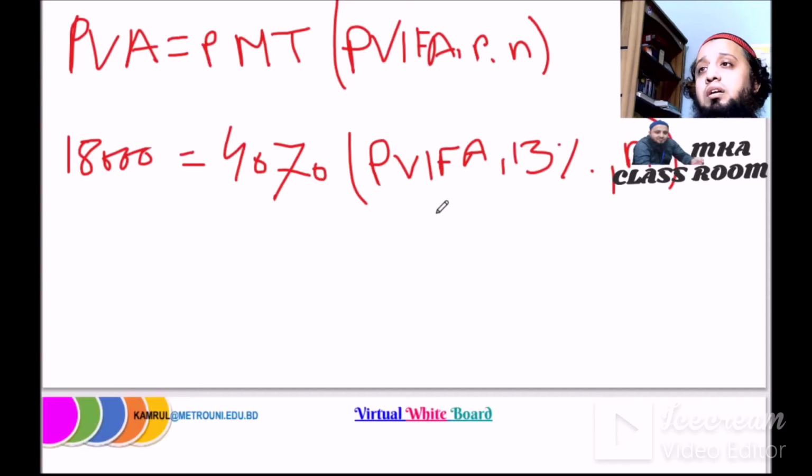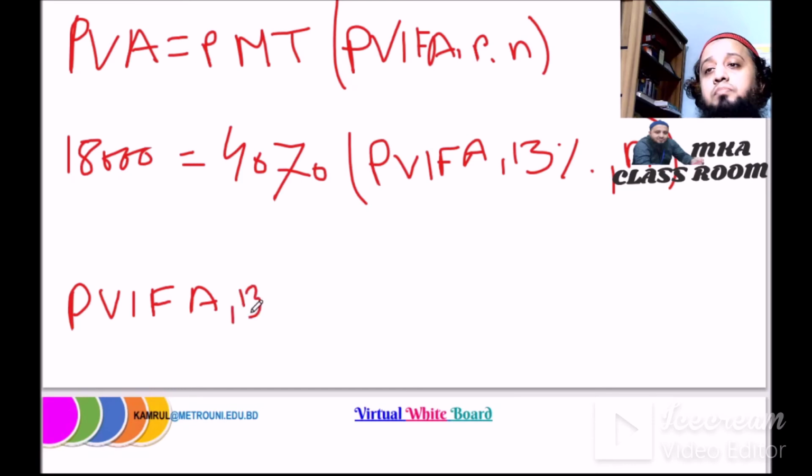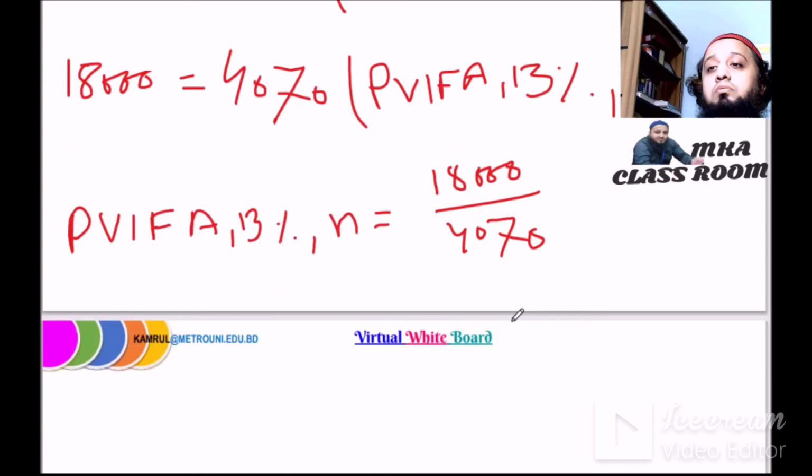So, if you solve this problem, then we can find the value of n in our table. So, PVIFA 13%. So, you have to look for the value in the table in the 13%, then we can solve our problem. 18,000 divided by 4,070. So, what will be our result?